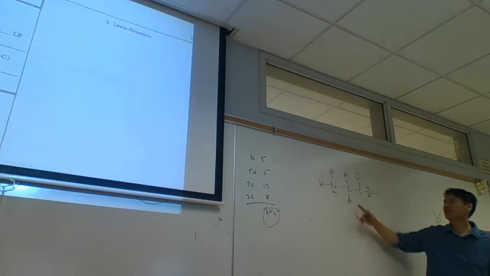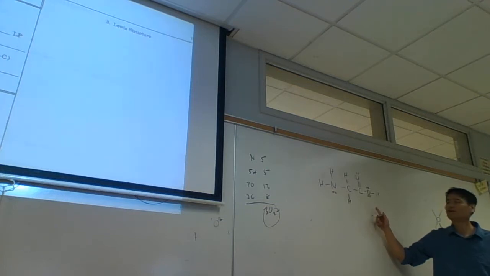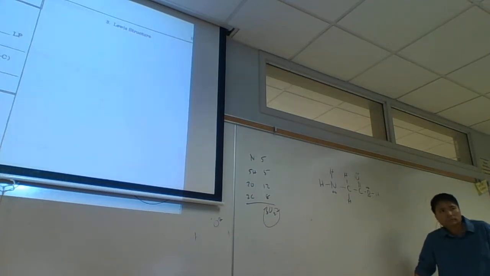And now, does everything have an octet? What are the formal charges? 0, 0, 0, N has... do you see a -1 somewhere?